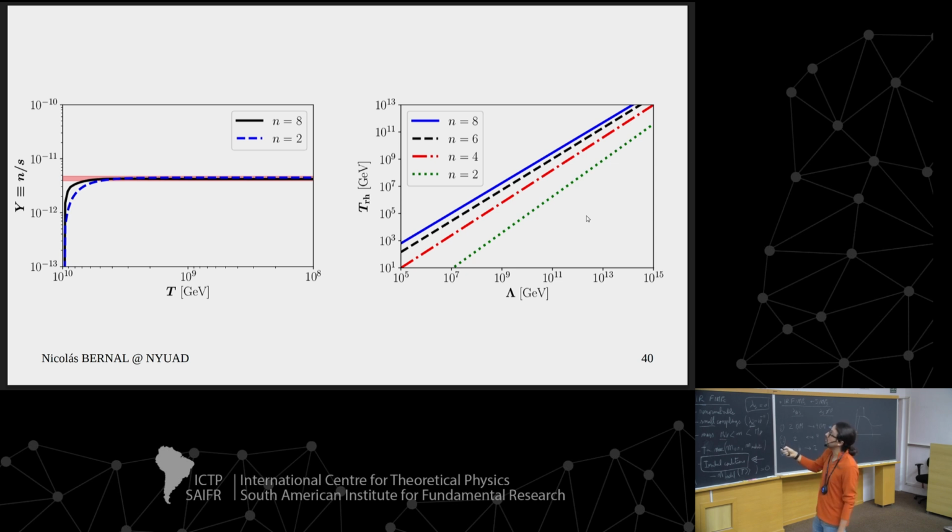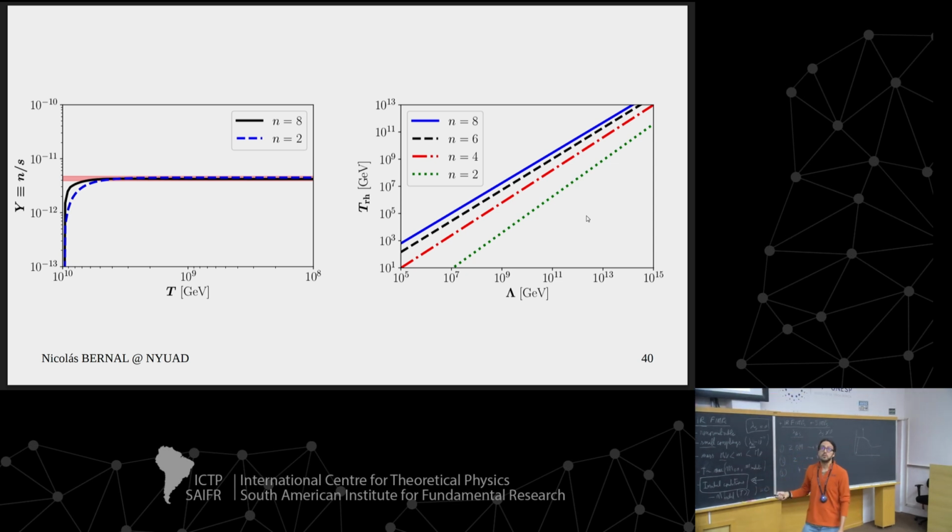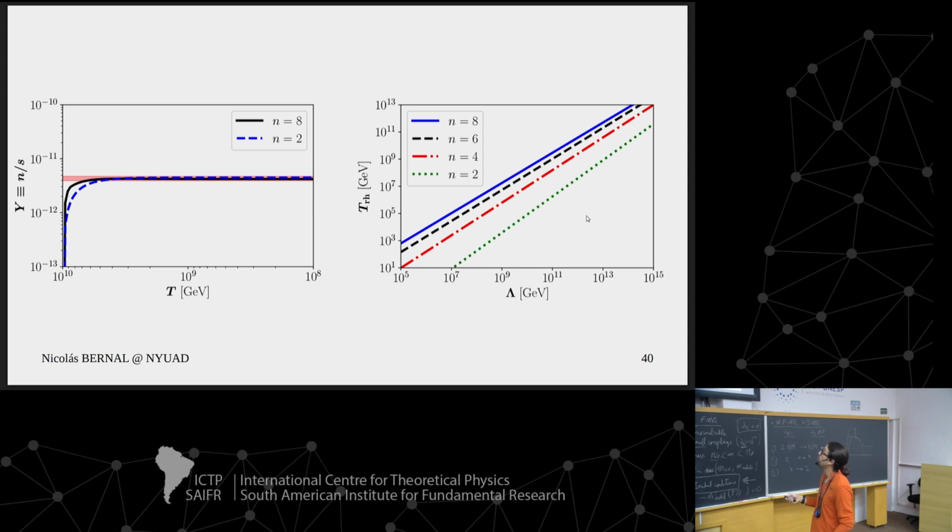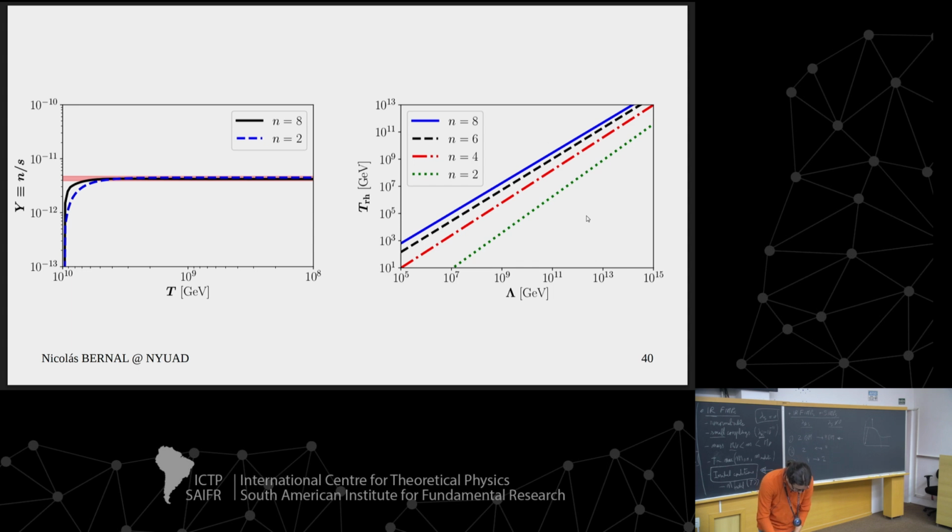So this is the initial condition. I'm always assuming that I don't have any production at the very beginning, so that all is produced via this process. However, there's a strong dependence on the reheating temperature, so basically on where I'm starting the evolution.